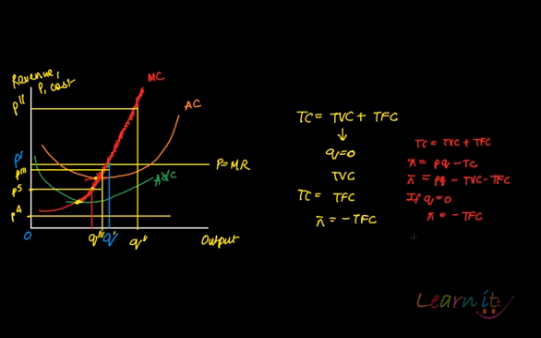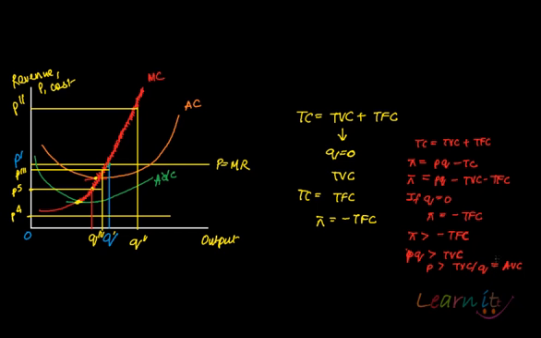The firm is going to produce only if profit is greater than minus TFC. That could only happen if PQ is greater than total variable cost, or P is greater than total variable cost upon Q, which is nothing but AVC. So the firm will produce only if price is greater than the average variable cost.